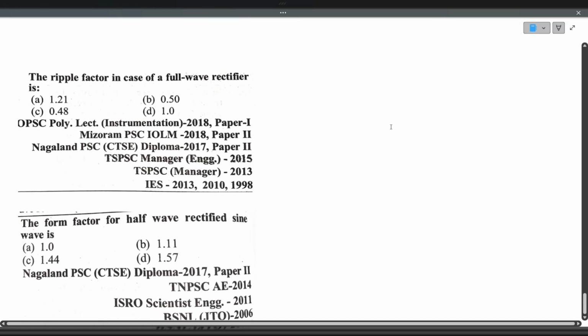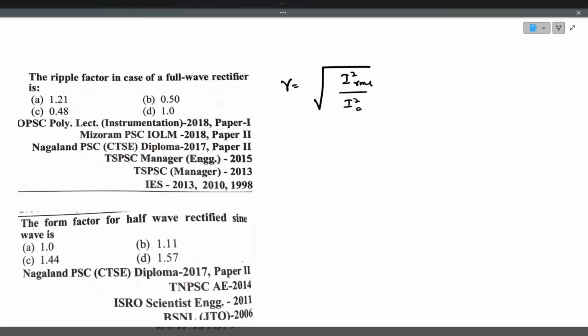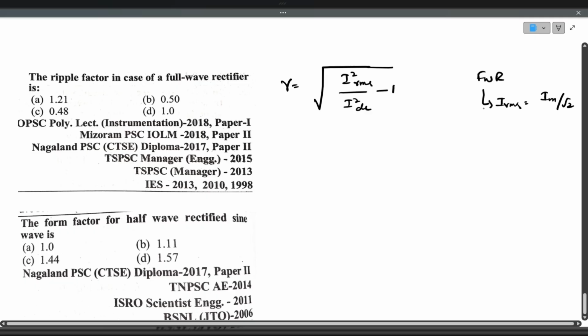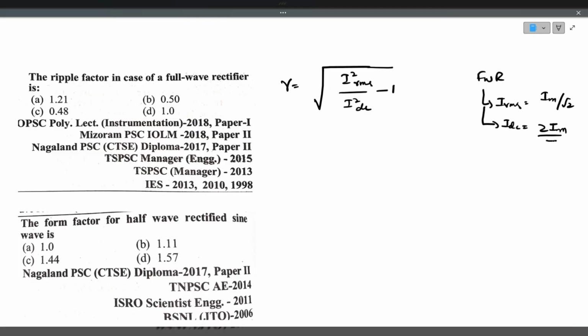Next question. The ripple factor in case of full wave rectifier is. The ripple factor can be given as square root of (I square RMS divided by I square DC minus 1). For the full wave rectifier, IRMS equals Im by root 2, whereas IDC equals 2 Im by pi.